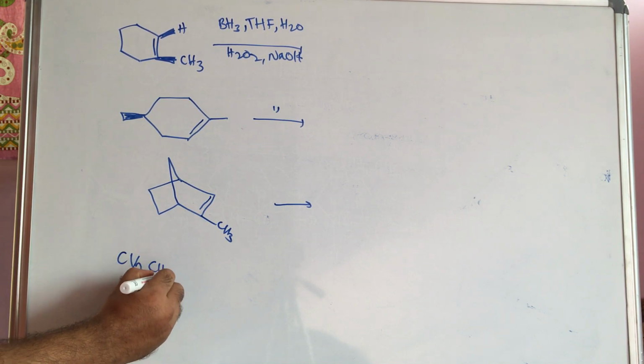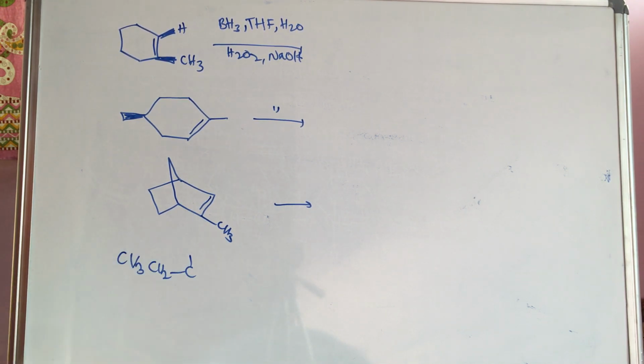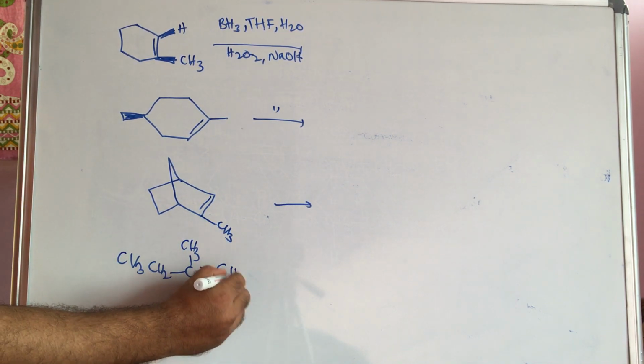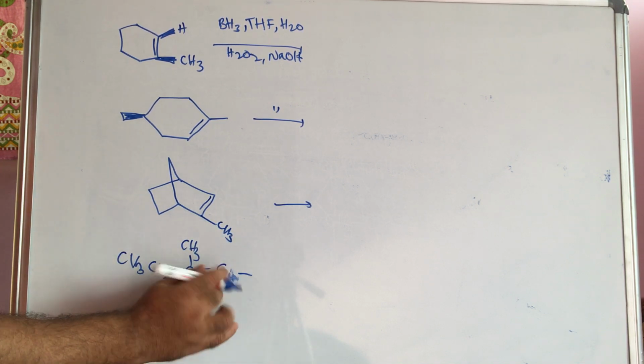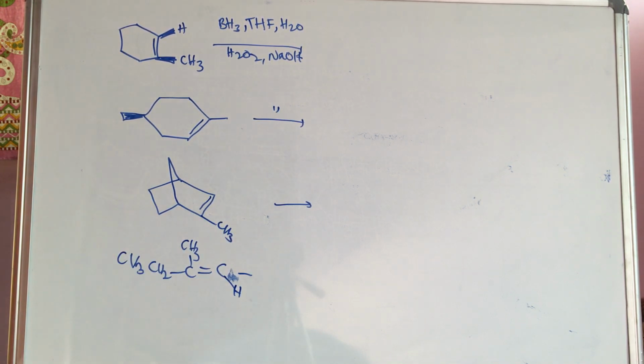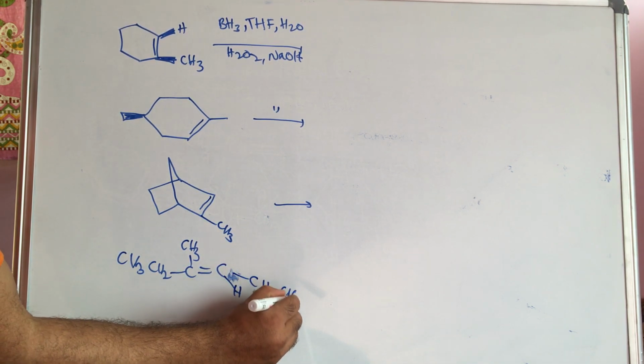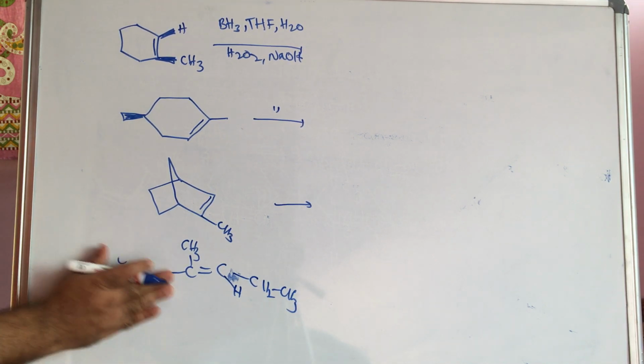CH3, CH2, CH3 double bond, CH, or you can write like this, CH, CH2, CH3. If you want, you can write it down also.